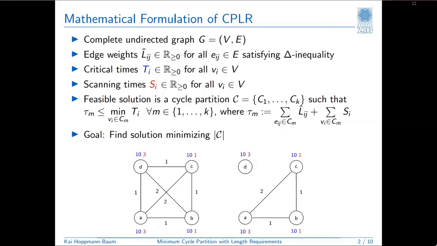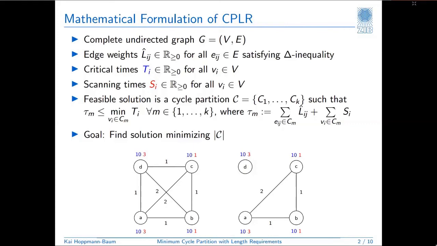Here we have a non-trivial solution because we have one cycle here. The sum of the edge weights here is 4, while the sum of the scanning times here is 5, so we have a total length of 9, and the minimum critical time of the vertices here is 10. So this is a feasible cycle, and we have a feasible solution here in the end, which is even optimal.